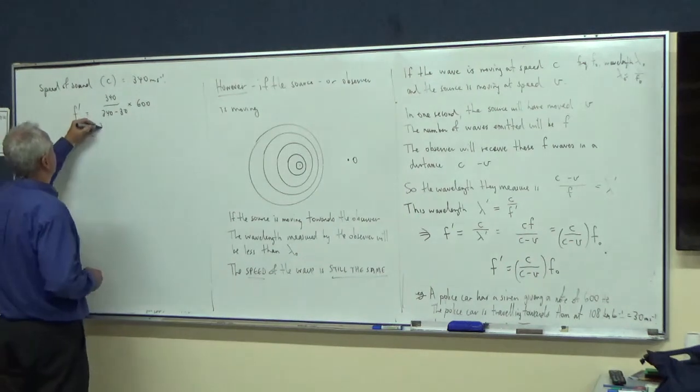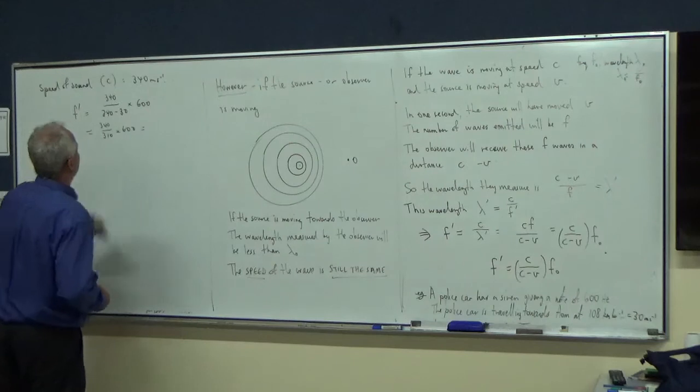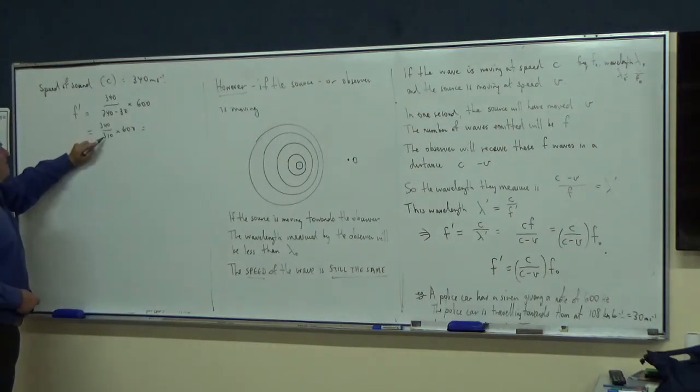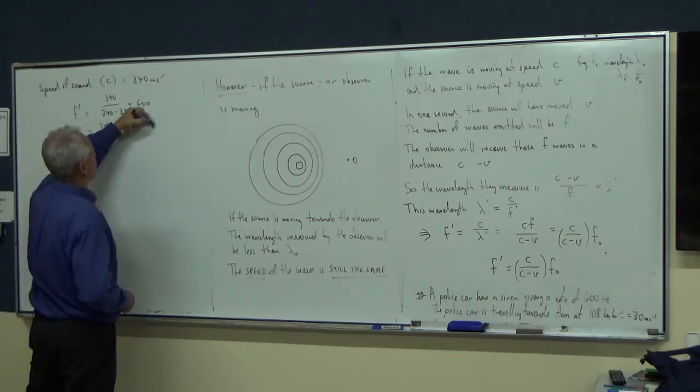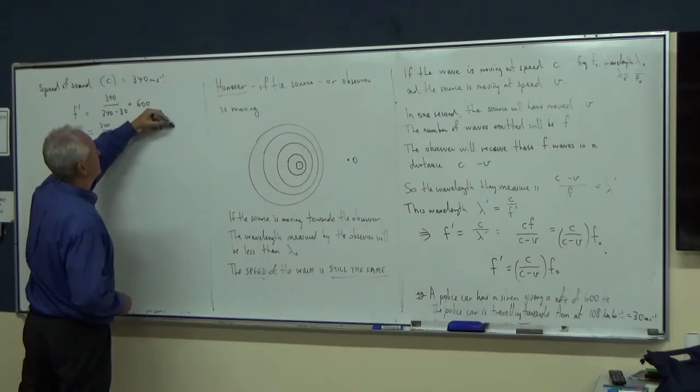So that's 340 over 310 times 600. I don't know what that is. That's 30. It's about 10%, pretty close to 10%, just under. I'm going to say 660, probably a bit less, 658 hertz.